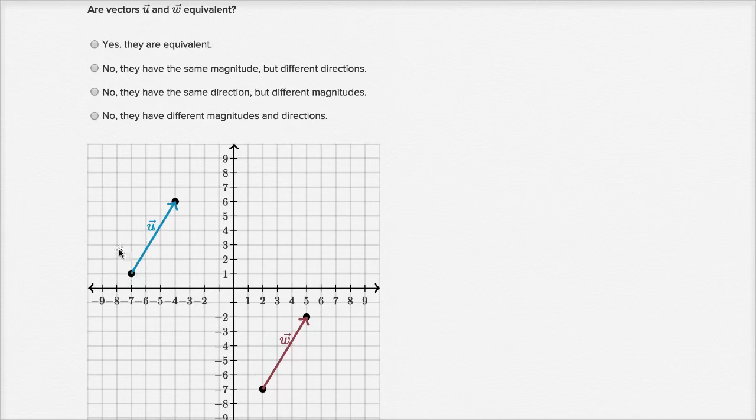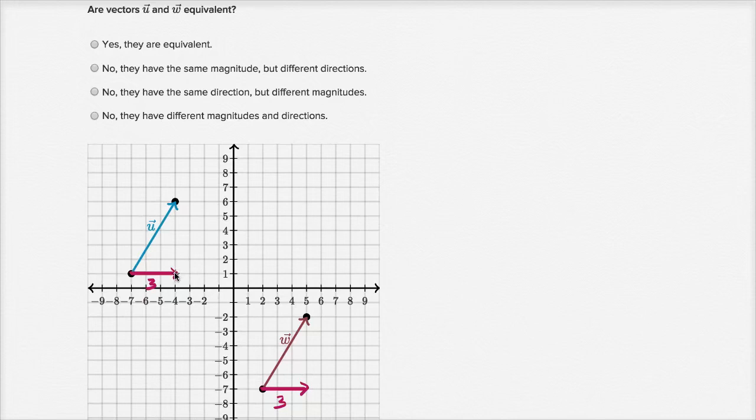So in the x direction, for vector u, we go from -7 to -4. So we increased by 3. And what do we do over here? We go from x equals 2 to x equals 5. So our x component, once again, has a magnitude of 3. Our change in x is a positive 3. And so our change in y, what is that going to be?